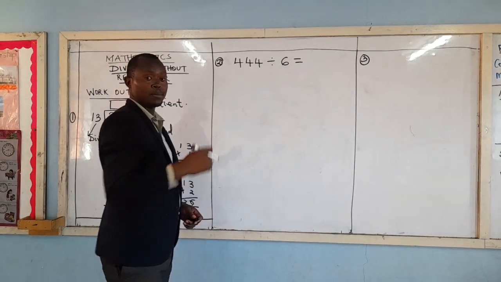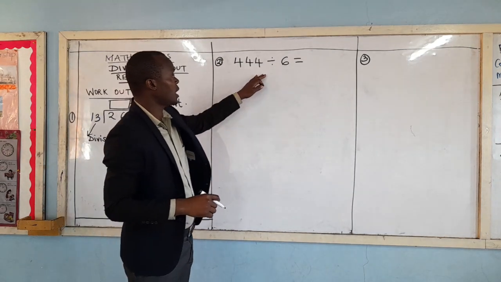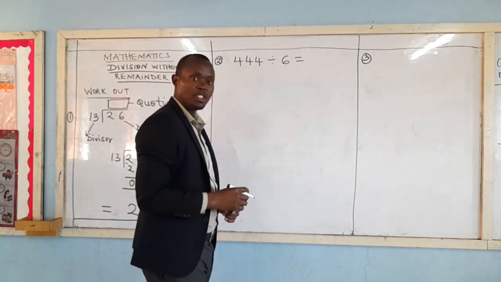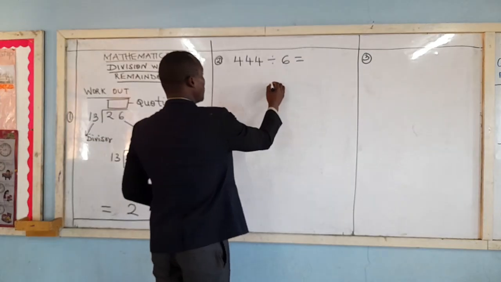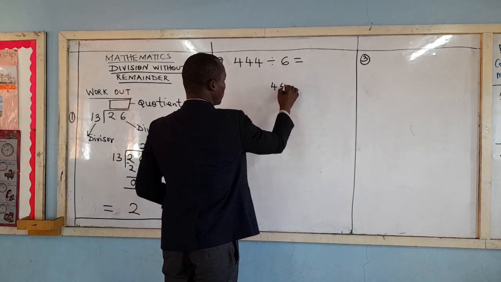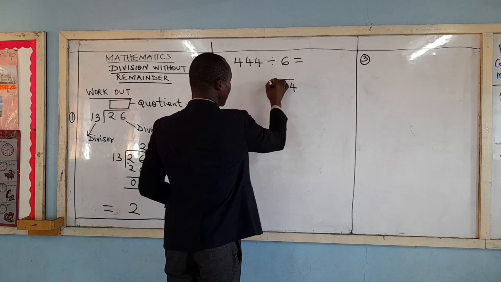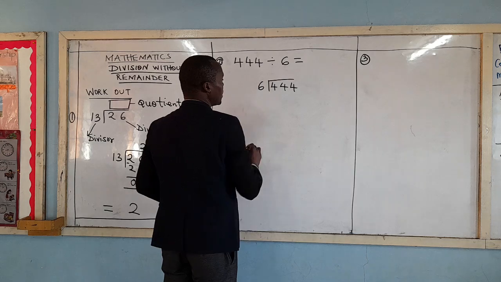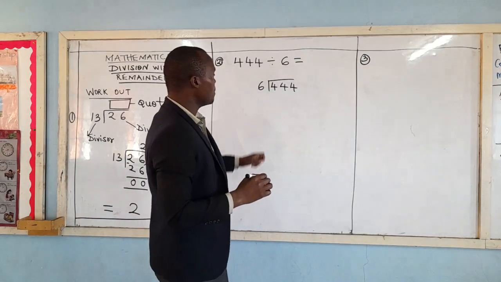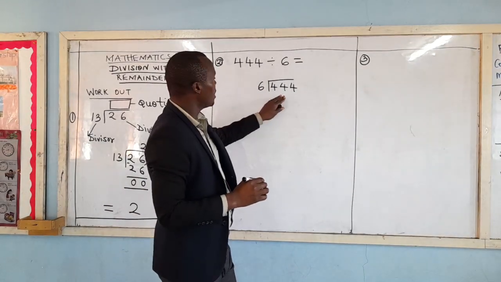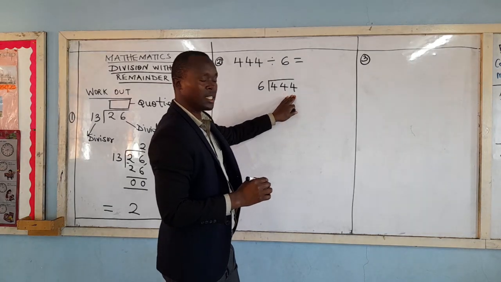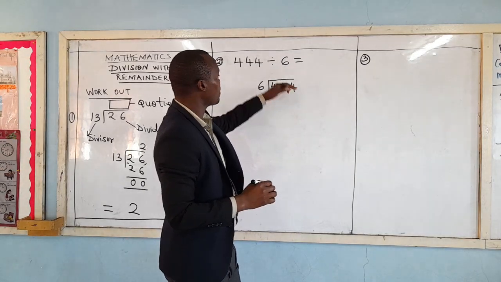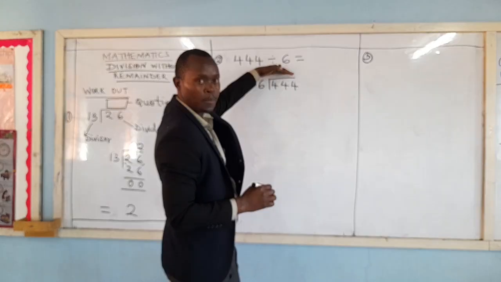We will do the same. Arrange this work as a long division sum, which is 444 divided by 6. Remember, 6 is the divisor, 444 is the dividend. So we are supposed to find the quotient at the top.